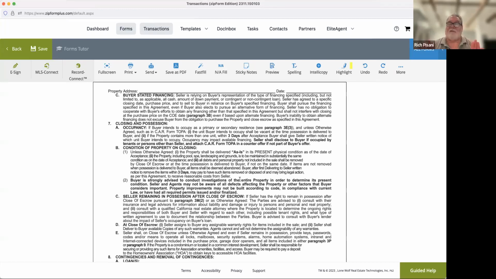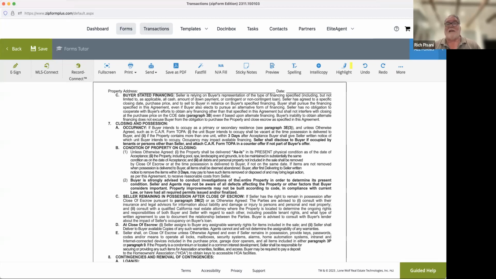As I've said before, this is a gift because abandoned property as part of the law is 30 days. In this contract, 3 days. So in this contract, if they don't remove it when the buyer takes possession, buyer has to give notice, you need to remove this in 3 days.